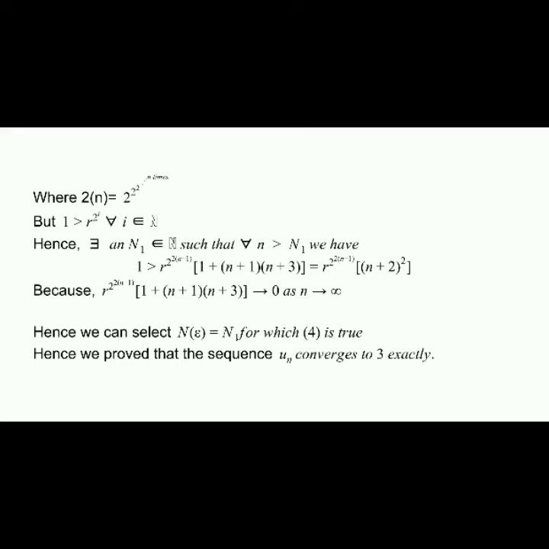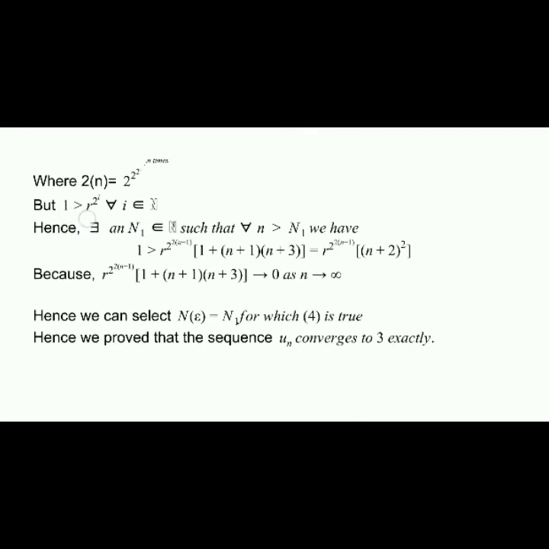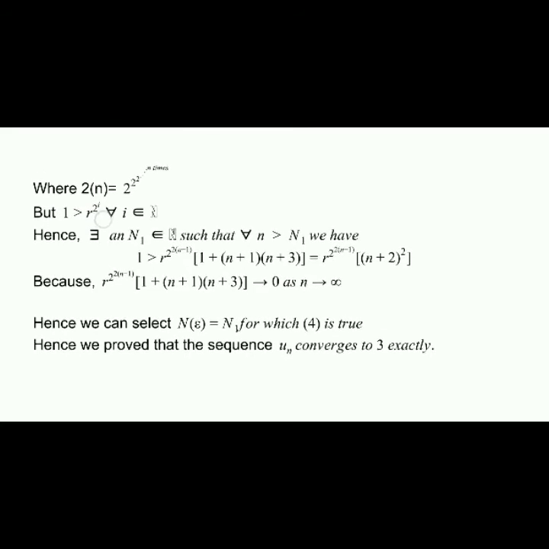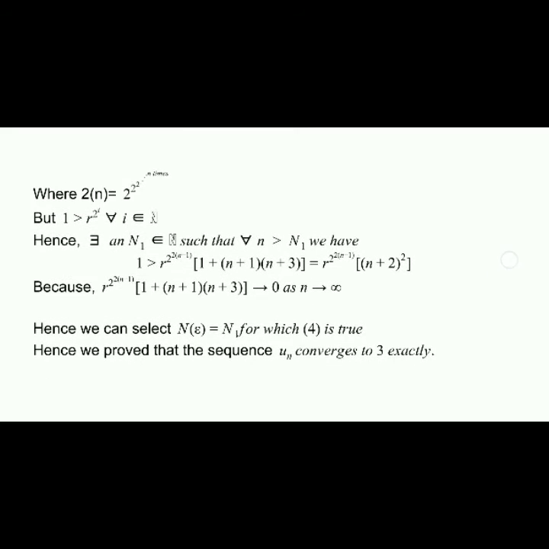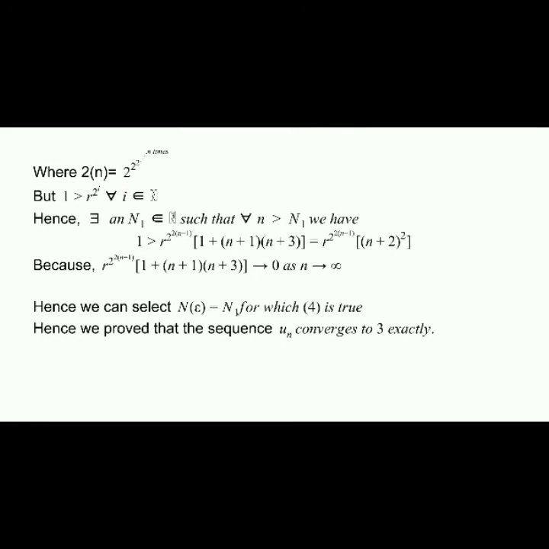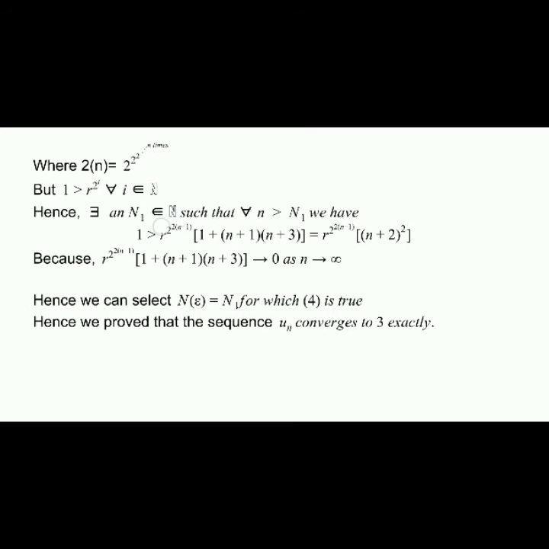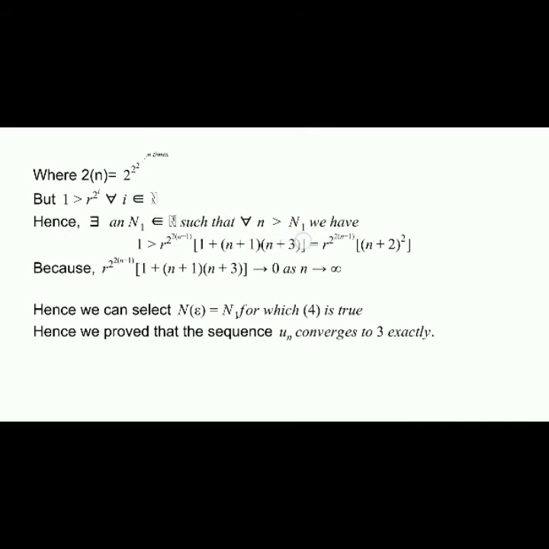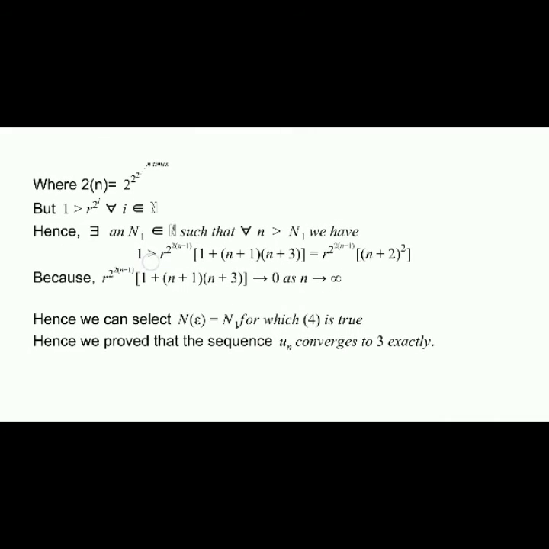That is pretty clear, isn't it? So r to the power 2 to the power i, for any i belonging to natural numbers, is less than 1. So there exists an n minus 1 belonging to natural numbers such that for all n greater than n minus 1, we have 1 greater than this thing.